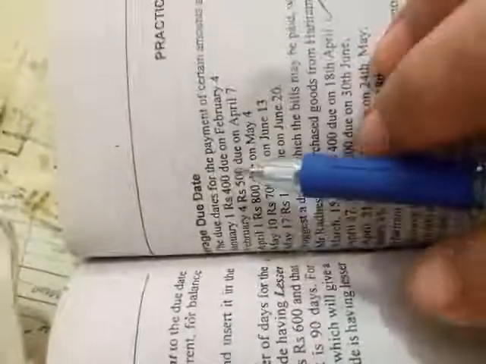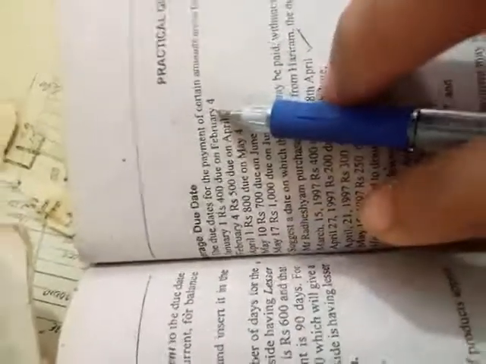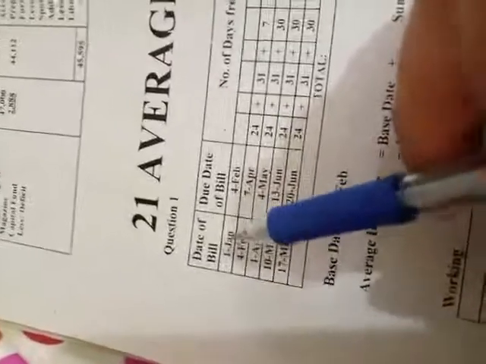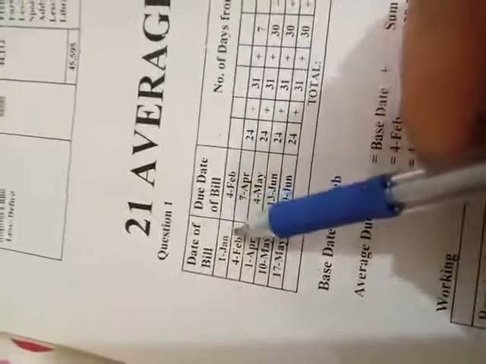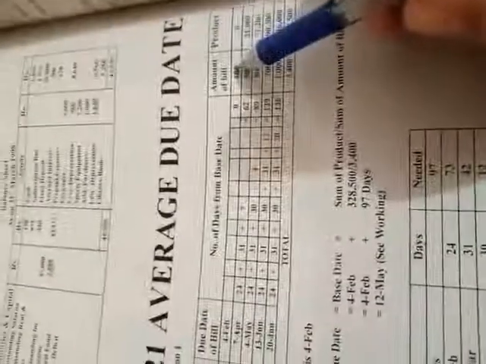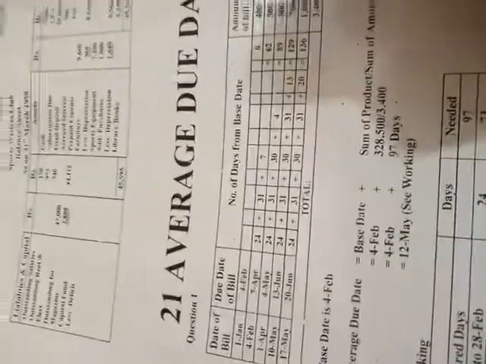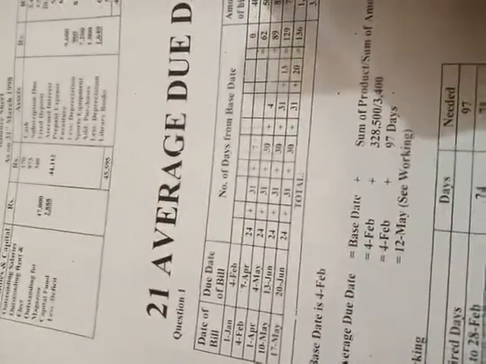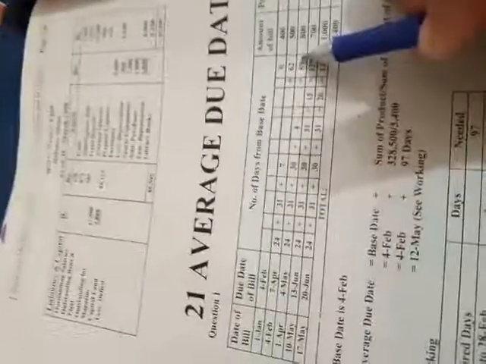In the first transaction, the date of transaction is 1st January, the amount is 400, and the due date is February 4. So I write 1st January as the date of bill, 4 February as the due date, and 400 as the amount of the bill. Now I will do these 3 steps for the whole question.